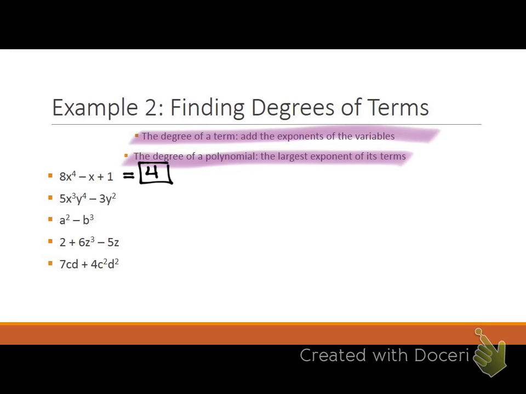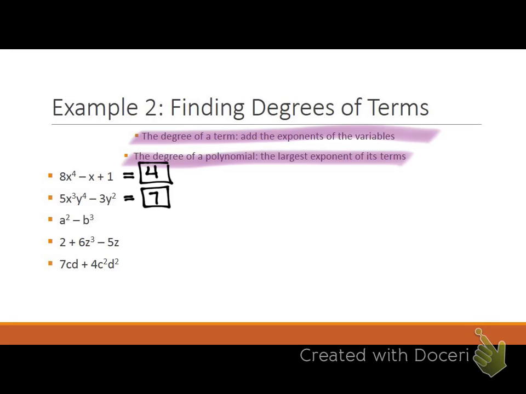So since that's the highest number, the degree of this polynomial is 7. Okay? So within a term, if there are multiple variables that have exponents, I add those exponent numbers together. Just for the degree. I'm not solving anything or anything like that. I'm just establishing the degree of the polynomial.